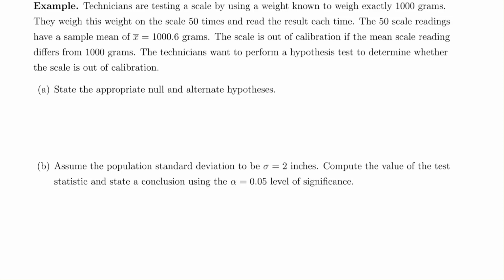Now the key thing here is the scale is said to be out of calibration if the mean scale reading differs from 1,000 grams. So what we have highlighted here is how we know if it's out of calibration or in calibration. The technicians want to perform a hypothesis test to determine whether it's out of calibration. Said in another way, whether the scale reading is different from 1,000 grams. State the appropriate null and alternate hypotheses.